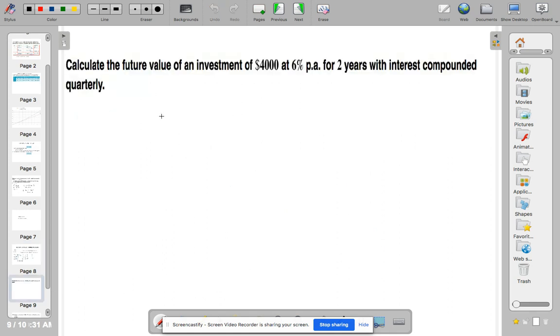Calculate the future value on an investment of $4,000 at 6% per annum for 2 years with interest compounded quarterly. Our principal is $4,000. That's how much we're investing. The rate of interest is 6%, converted to a decimal as 0.06. We now divide that by 4 because it's quarterly. Therefore, R is 0.015.